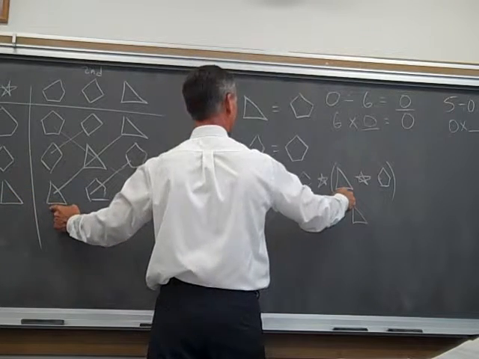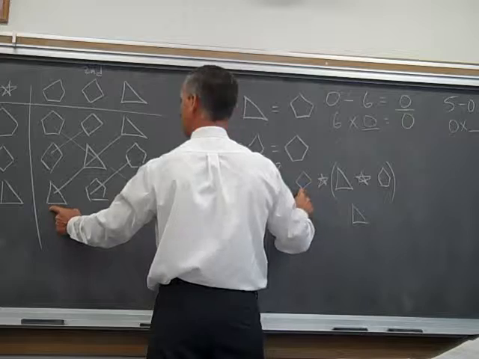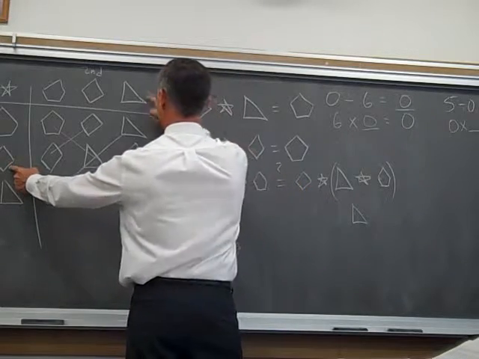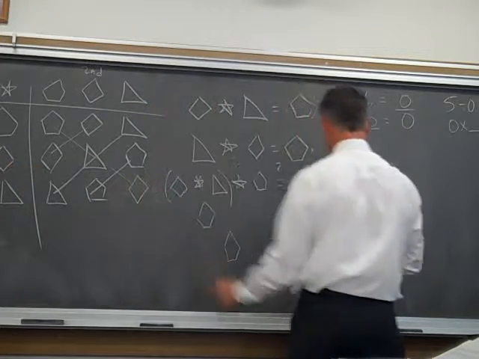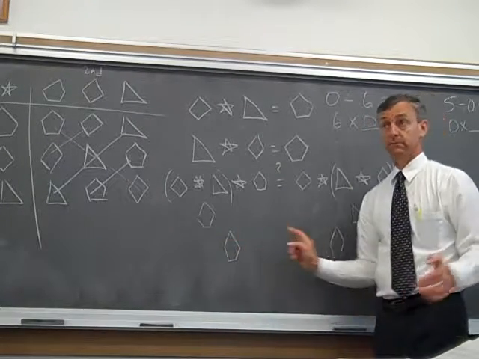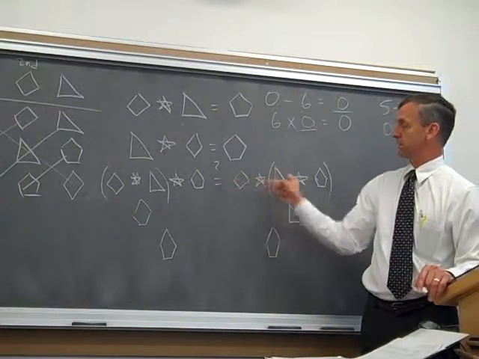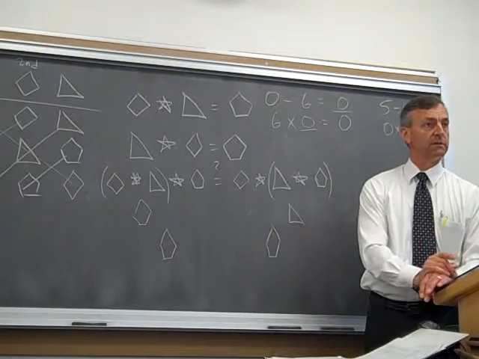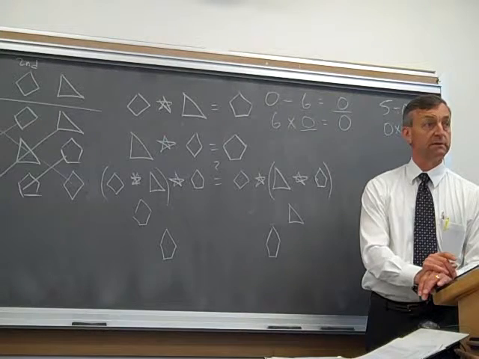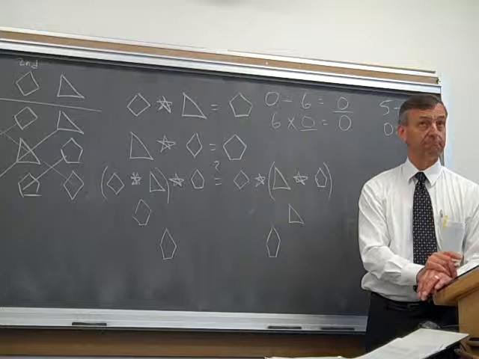Triangle star pentagon is triangle, right? And now diamond with triangle is pentagon. So guess what? It's associative, right? And here's our proof, right here. We okay? Yeah.